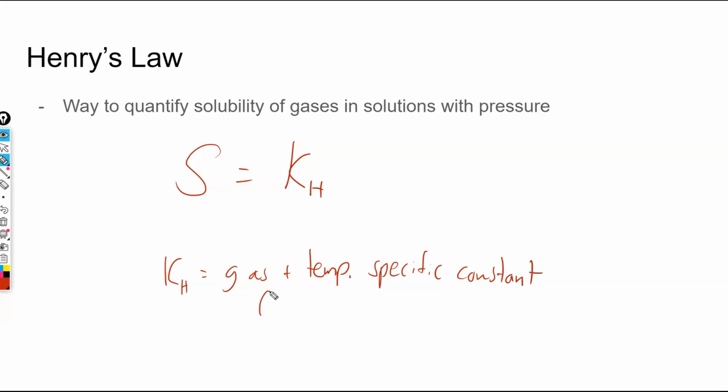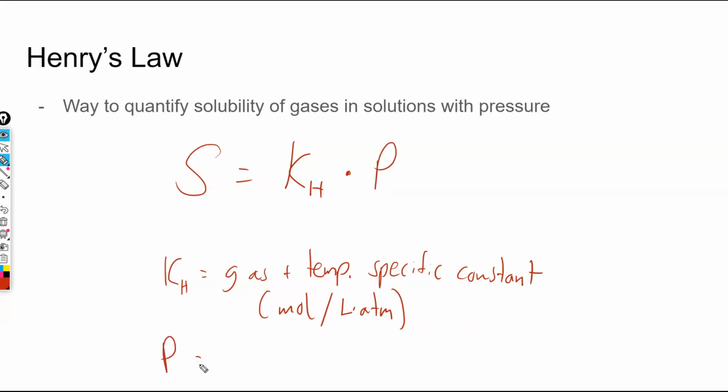And this is usually measured in moles per liters times atmospheres. So you'll have solubility equal to this constant times just your pressure.